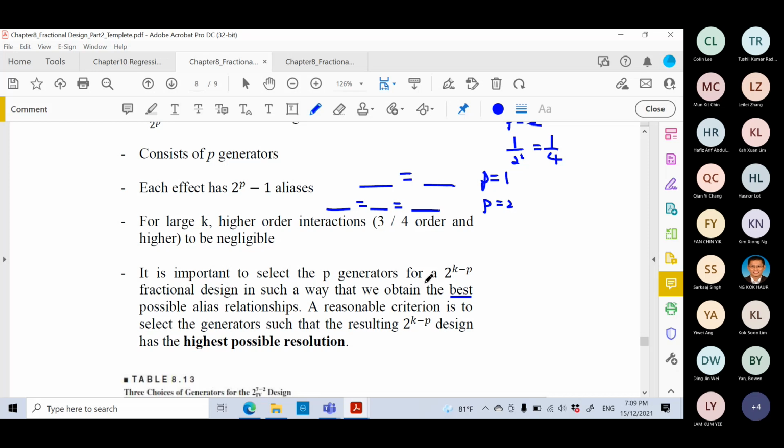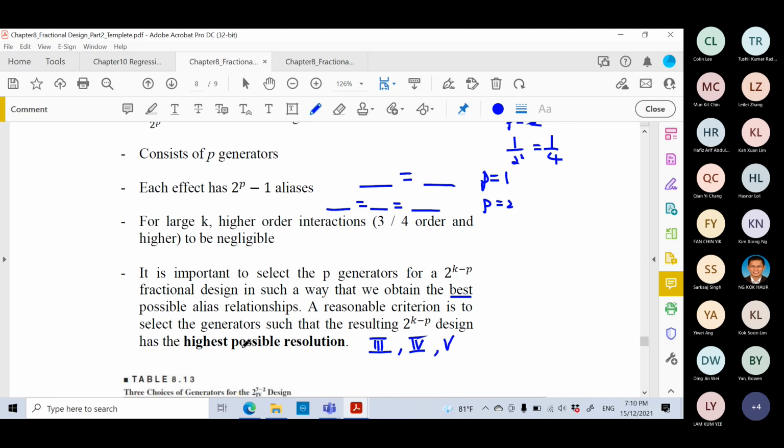So how do we want to avoid it? Of course, one way is to choose the highest possible resolution. If you have resolution 3, then the main effect will be aliased with the two-factor interaction. If you choose resolution 4, then the main effect is aliased with three-factor interactions, and resolution 5 is even better.